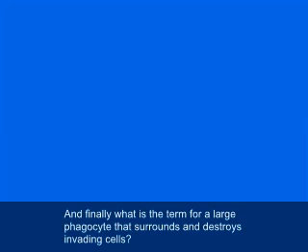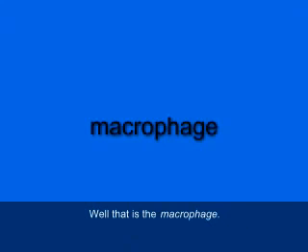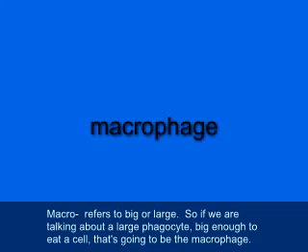And finally, what is the term for a large phagocyte that surrounds and destroys invading cells? Well, that's the macrophage. Macro refers to big or large. So if we're talking about a large phagocyte, big enough to eat a cell, then that's going to be the macrophage.